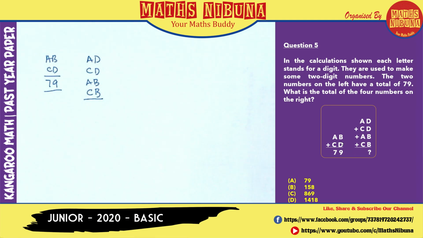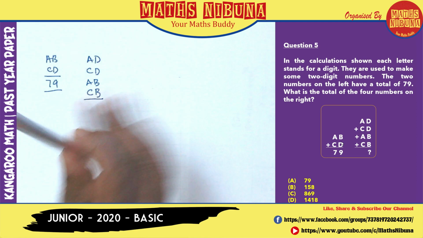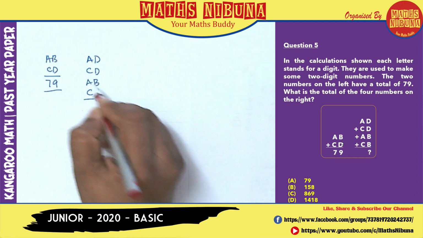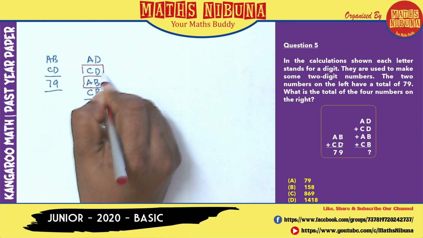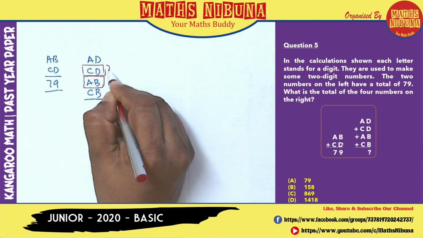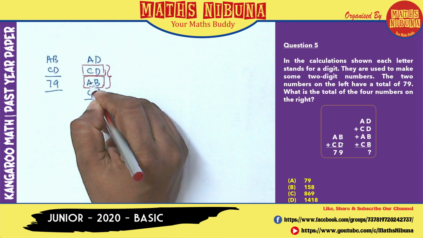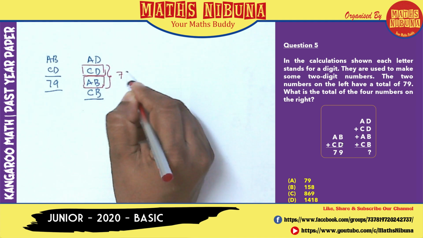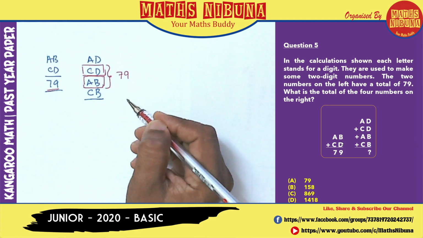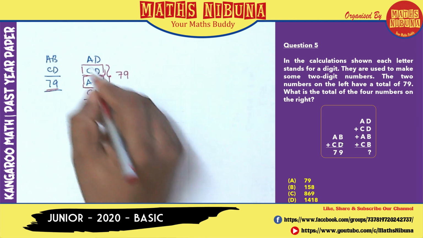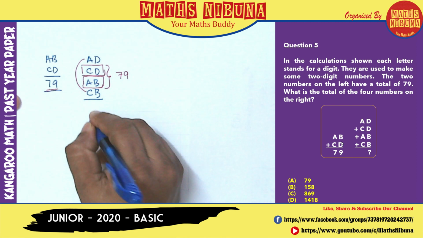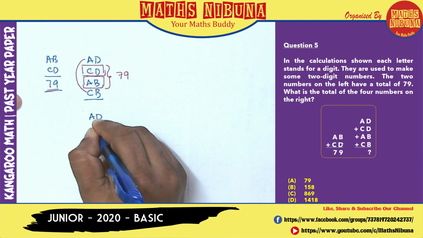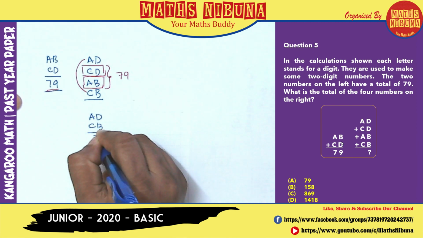Now when we see this, we can see that here we have A, B, C, D. So there's AB, there's CD. When we add these two, AB and CD, the sum will be 79. So what we have remaining now is AD plus CB. AD plus CB is how much?